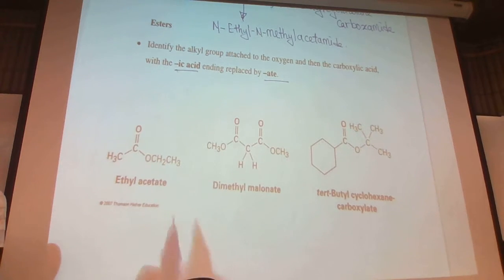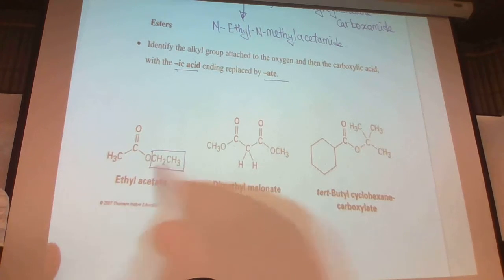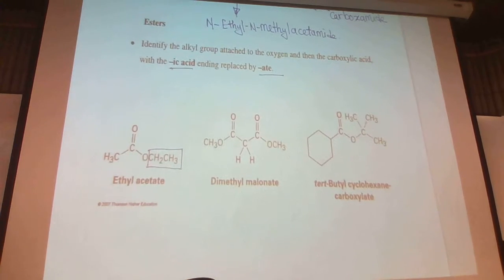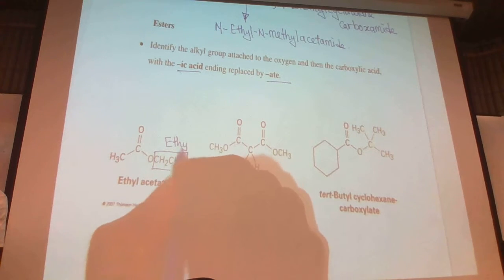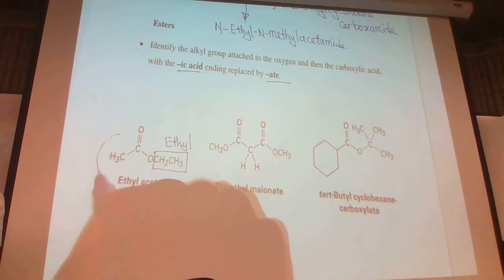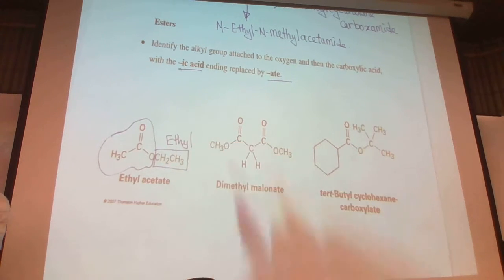Okay, so you change the ic acid to A. The first thing you do is to identify the alkyl group that you have on the oxygen. So this is an ethyl, and then this becomes the parent chain.